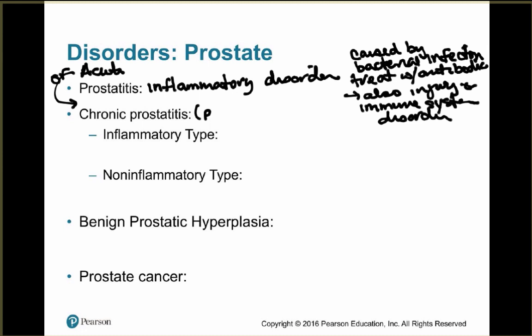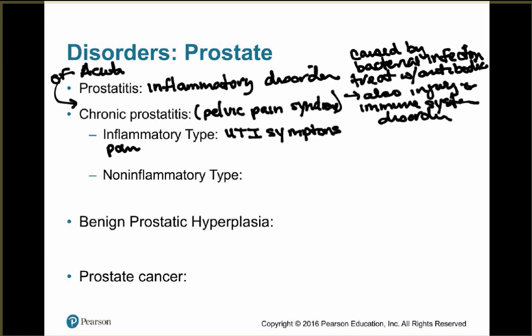And this is also known as pelvic pain syndrome. Now, there are both inflammatory and non-inflammatory types. So this guy has UTI-like symptoms. And you might ask yourself, what is that? And basically, if you've ever had one, you get pain in external genitalia and lower back.